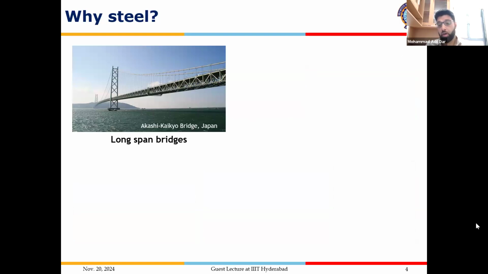For example, long span bridges. Wherever we come across such a situation, steel structures are the only viable alternative. Now, this is the Akashi Kaikyo Bridge in Japan, which has stood the test of time, and it's a steel structure.